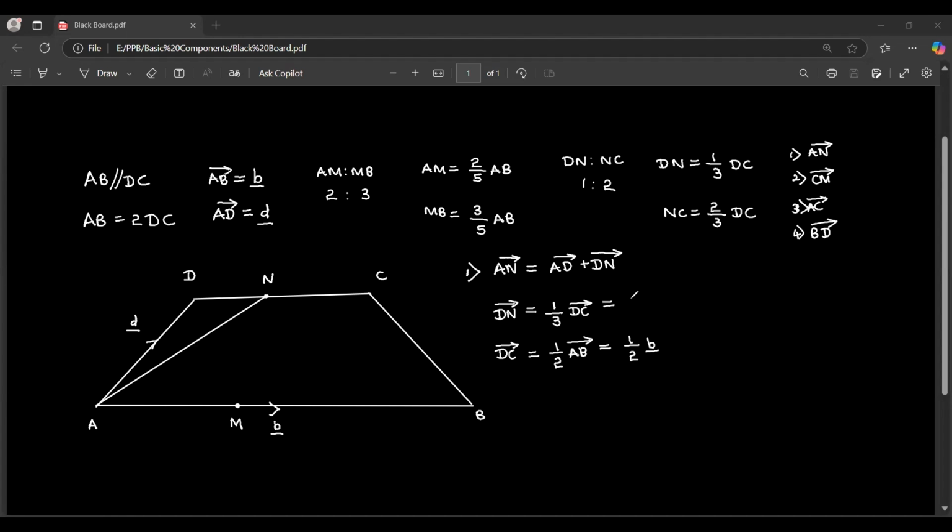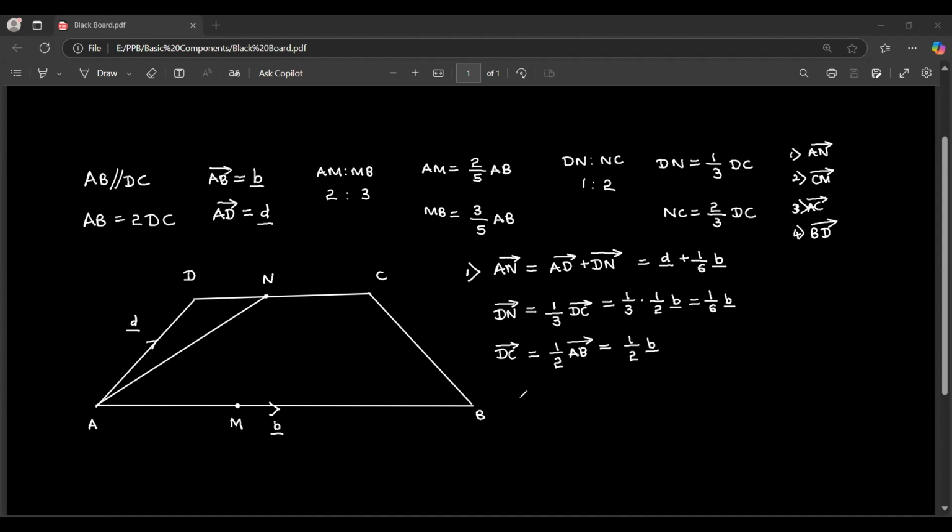So this will be equal to 1 over 3 into 1 over 2b, which is equal to 1 over 6b. So AN is equal to d plus 1 over 6b. This is how you find out AN.